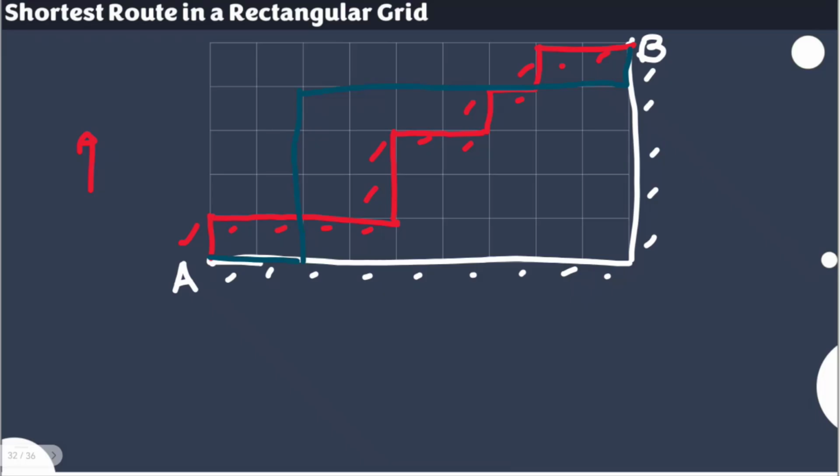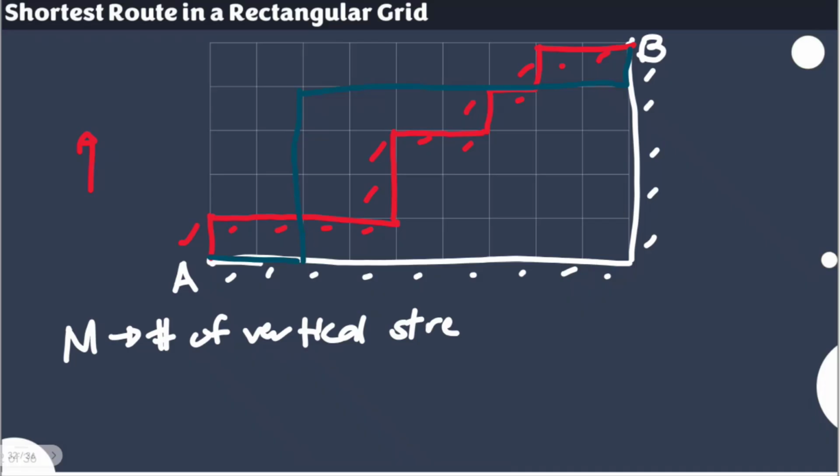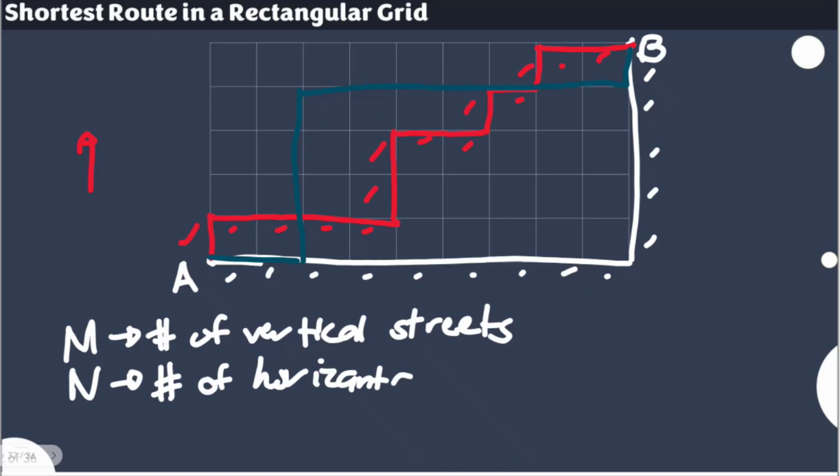Say for example, capital M corresponds to the number of vertical streets. And then let's say capital N, again we are just deriving here, is the number of horizontal streets. So for your M, the number of vertical streets, we are going to count this one here. Again, not these grids, because that is not a street.